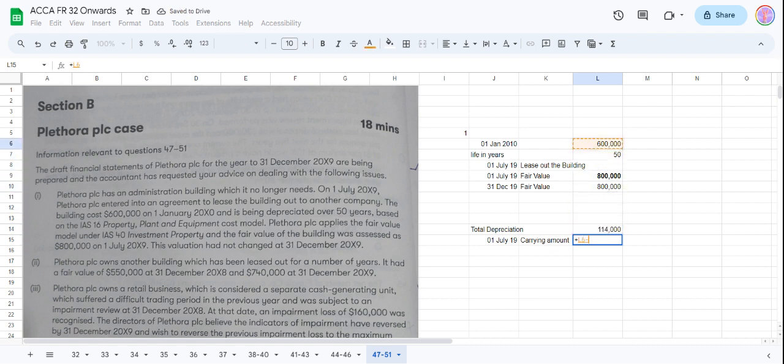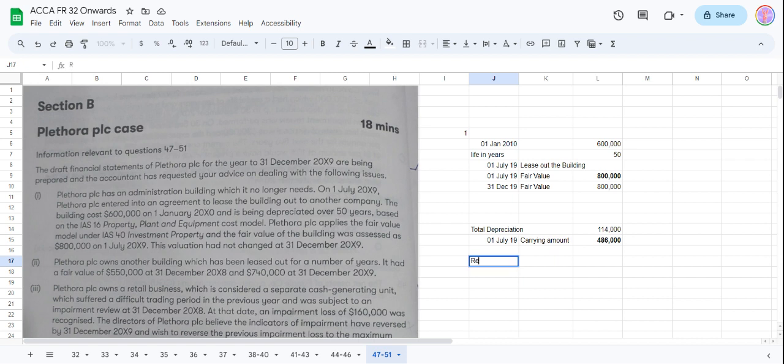So how much will be the carrying amount on this date? We had 600,000 of cost. We have depreciated 114. So our carrying amount is 486, and the fair value on this date is 800,000.